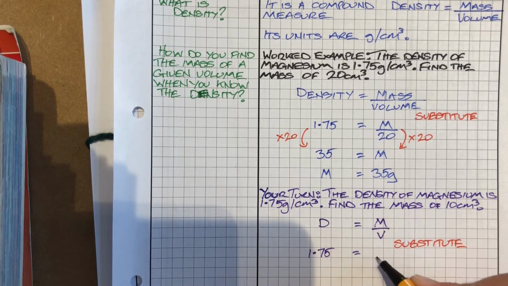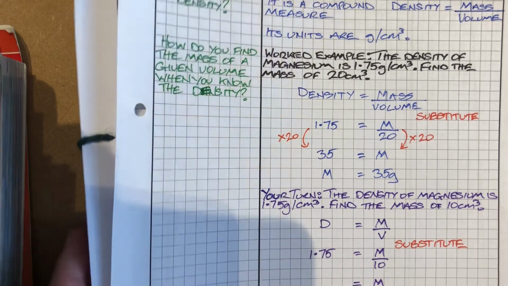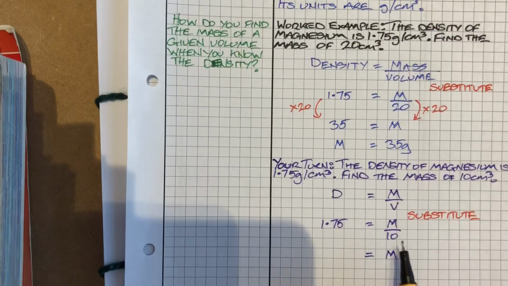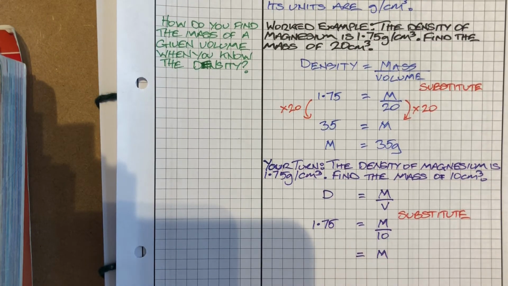M is the unknown, it's the answer to our question. V is 10. I want to get M on its own so I can find out what it is. It's not on its own at the moment because it's divided by 10. So I undo that divided by 10.